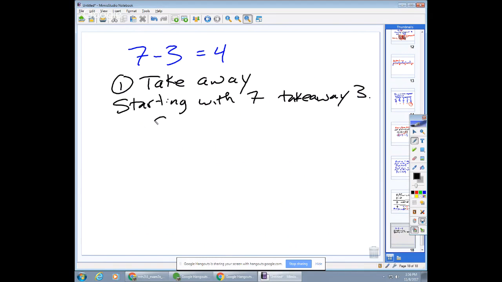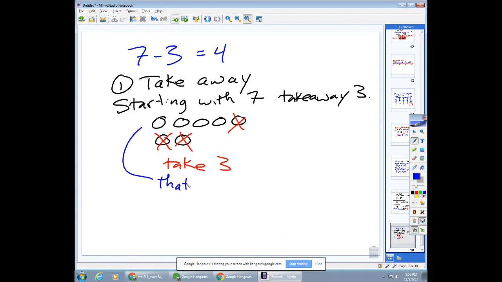So we just literally start with 7, and then take 3, and just make a note. That leaves 4. So the takeaway is pretty straightforward. With the takeaway model, again, we start with 7 and we just get rid of 3 somehow. Cross them out, move them.